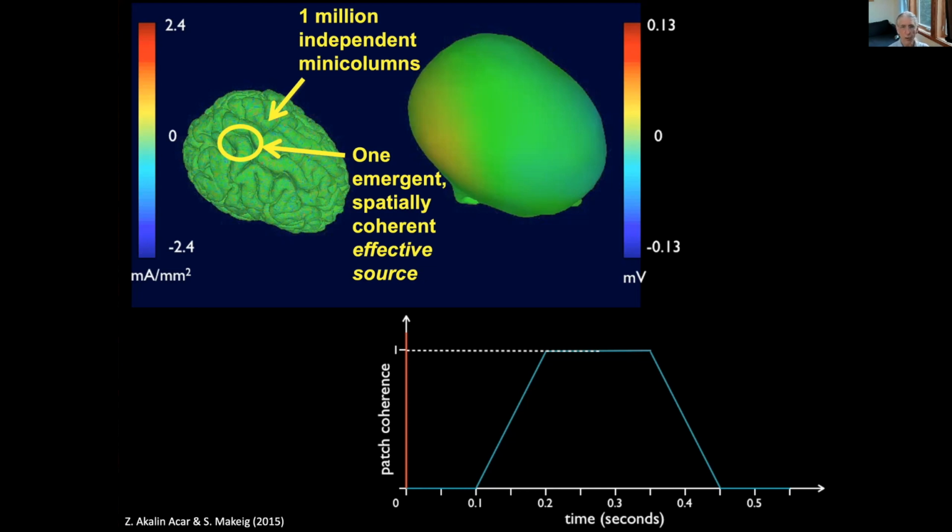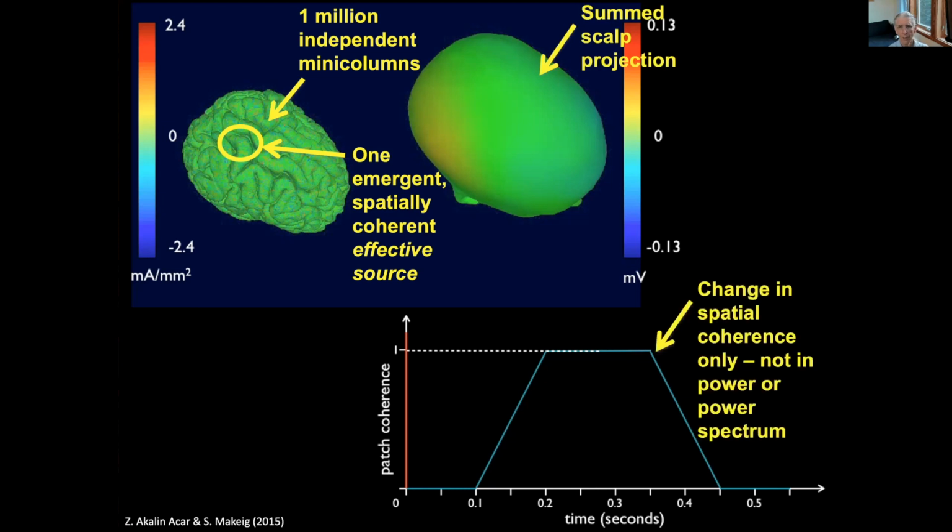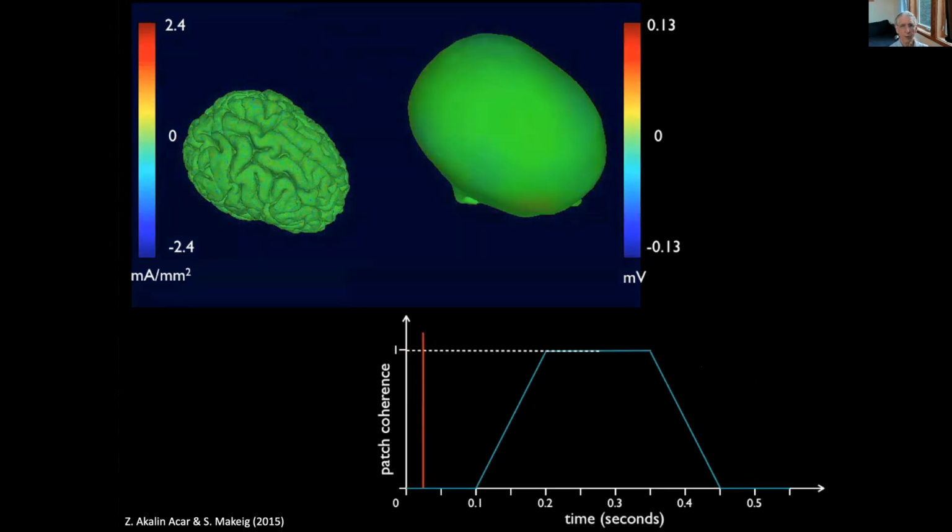And then this will show the scalp projection, and this will show the change in coherence in that patch from 0 to 1. So here we go, and you see without coherence there's very little EEG projected.